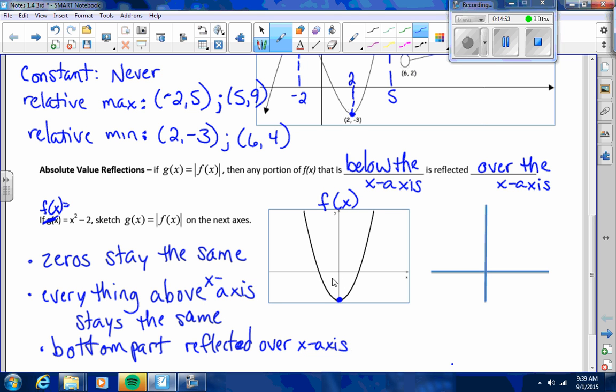Okay, so first thing I would want you to do is find your zeros on the original graph f of x and then plot those same points on your new grid of where you're going to be doing your absolute value graph.